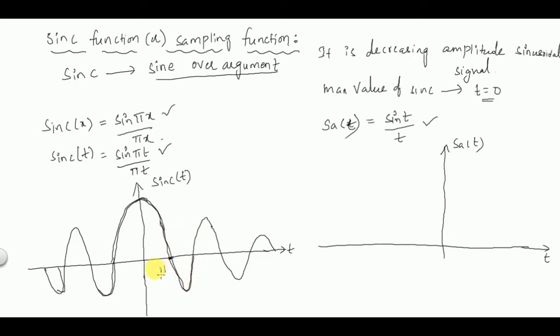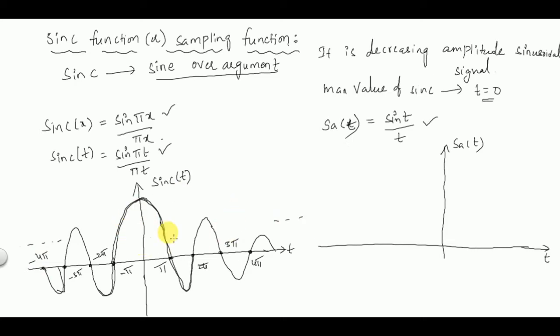So here it is pi, 2 pi, 3 pi, 4 pi, and so on. It is minus pi, minus 2 pi, minus 3 pi, minus 4 pi, and so on. It extends up to infinity.